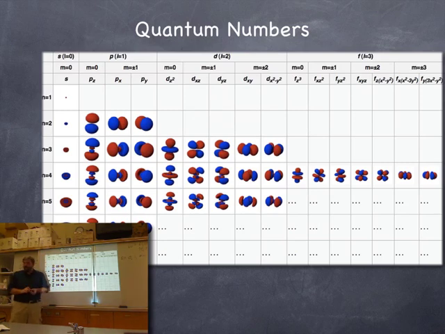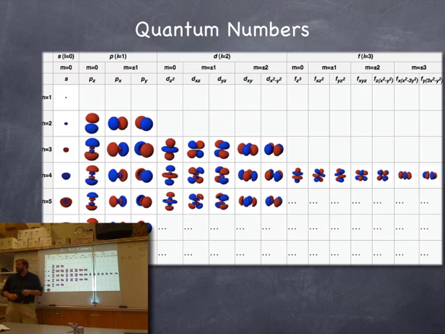That's what I was trying to write. So if n is 1, 1 minus 1 is 0, so we only have the s orbital. Then if you have an n value of 2, you can have 0, and n minus 1 is 1, so we can add the p orbitals. And if you have an n of 3, then you can have 0, 1, and 2. And 2 is where you hit the n minus 1 value.